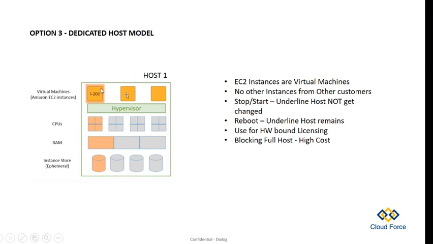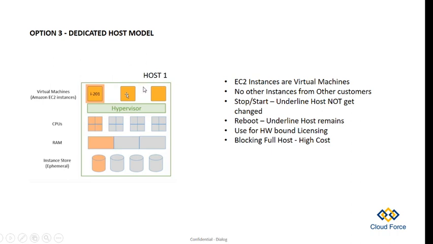Even if you stop and start your EC2 instance, the underlying host will never change. It will forever be on host 1. Understand that. The host is dedicated to you because you are blocking it. Even if you reboot, your VM will be placed here and will not get moved to other hosts.